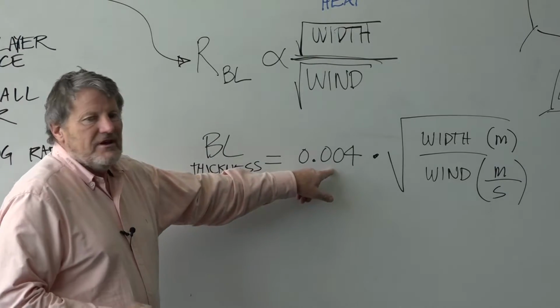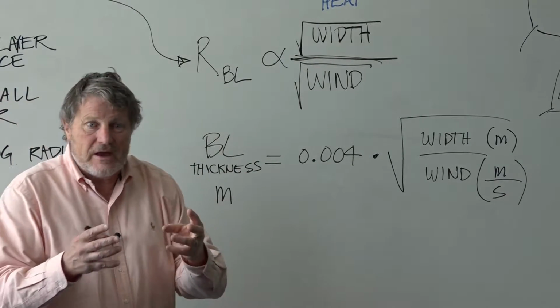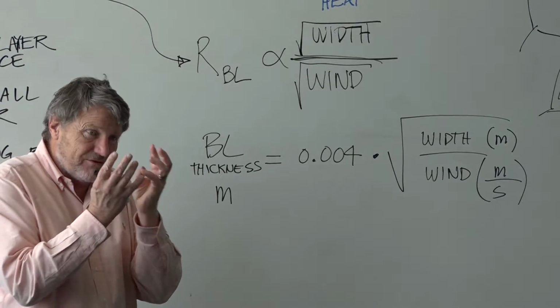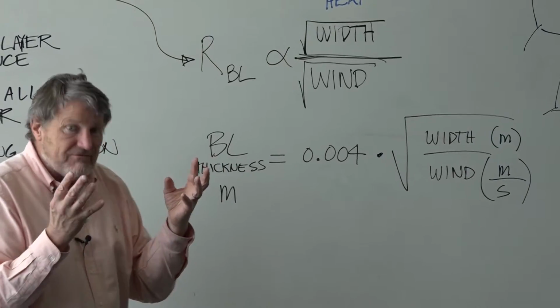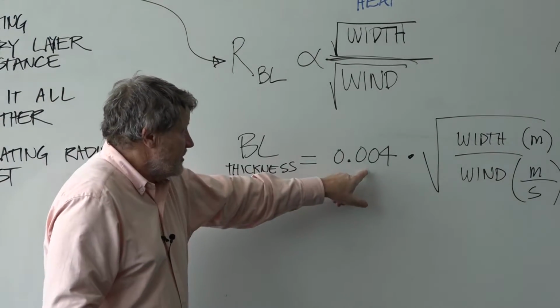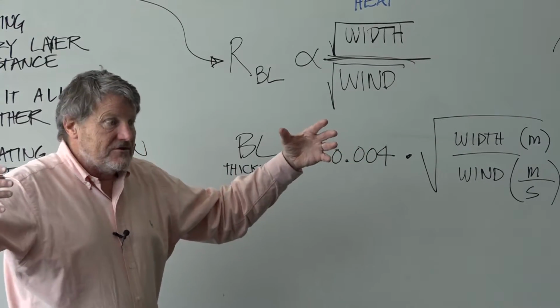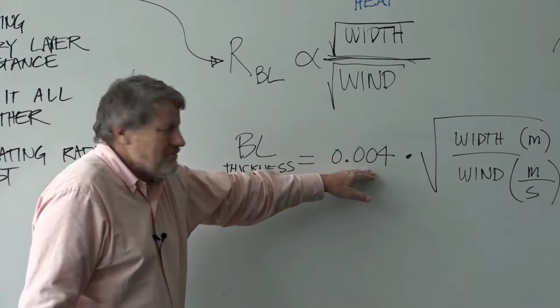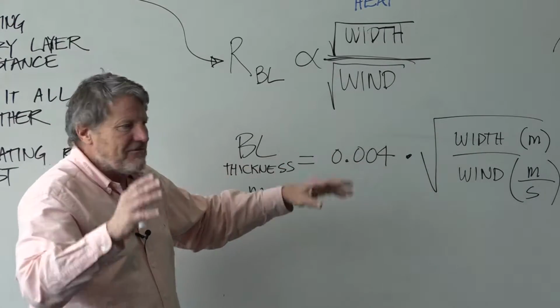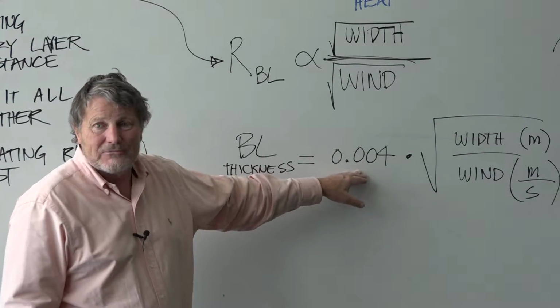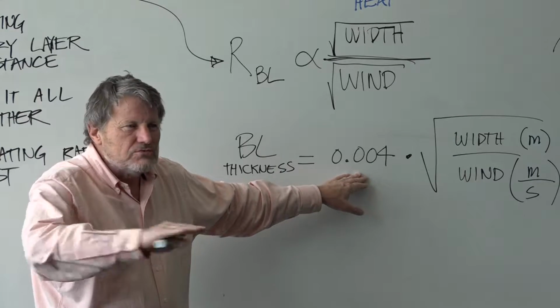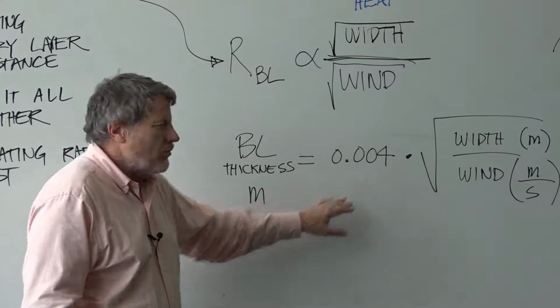You can imagine if a leaf is hairy, we call that pubescent, and some leaves are really pubescent. They look like they have fur on them. In those leaves, this might be 0.008 because of trapping air. Some furry animal, I don't know how high a furry animal can get, but danged high, I'm sure, versus a real smooth surface where it might be lower.